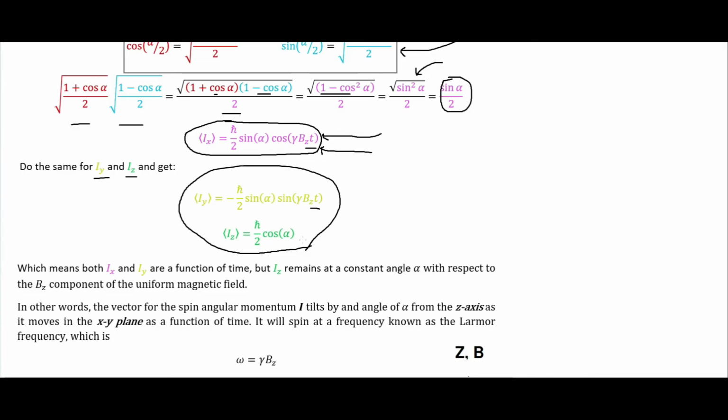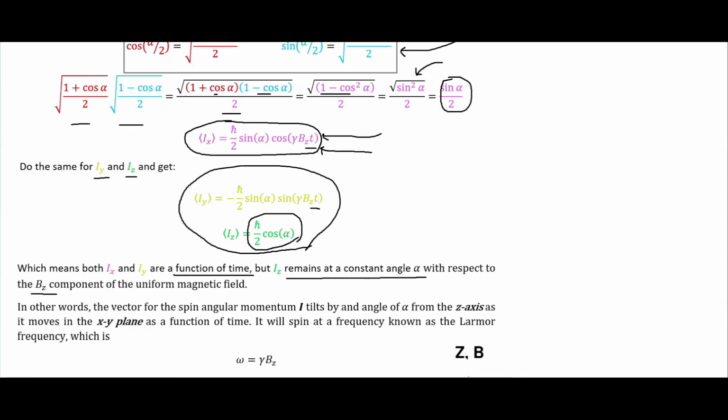So those are actually a function of time, where our z one does not have any function of time. It's just this, which is a constant, and so it remains at a constant angle alpha with respect to the Bz component of the uniform magnetic field.